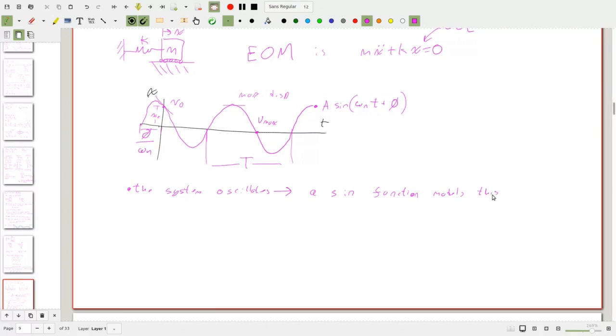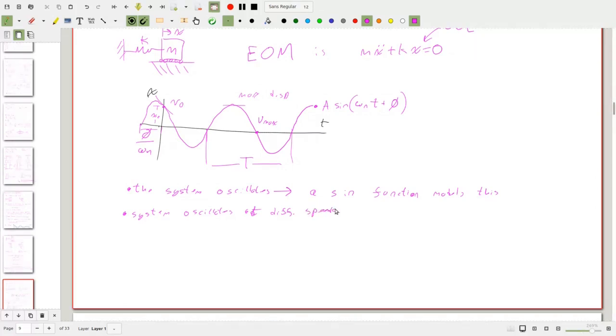Right? So the system oscillates at different speeds. It's one speed throughout, but we can change the speed, right?